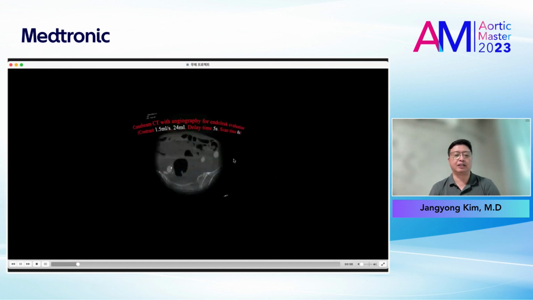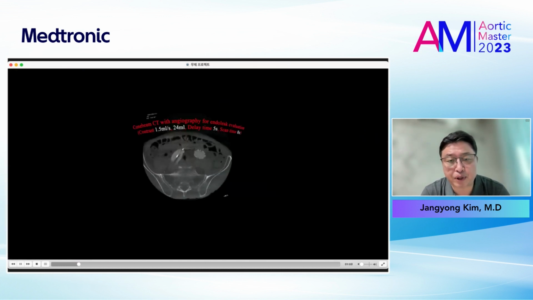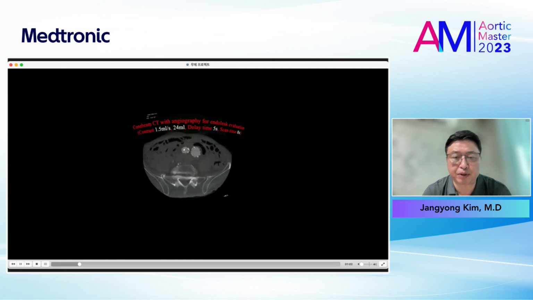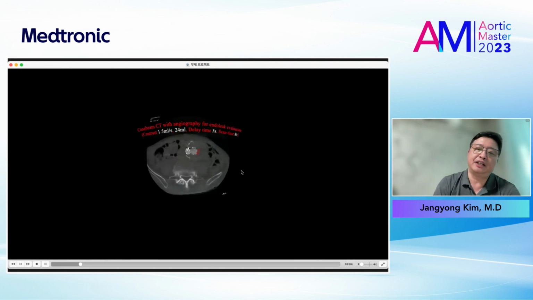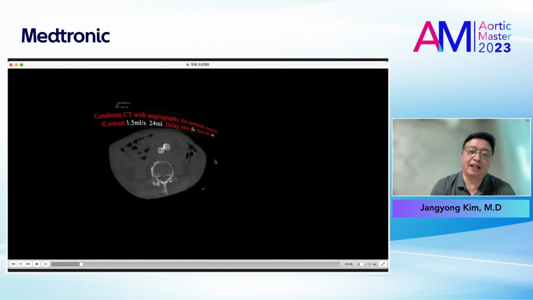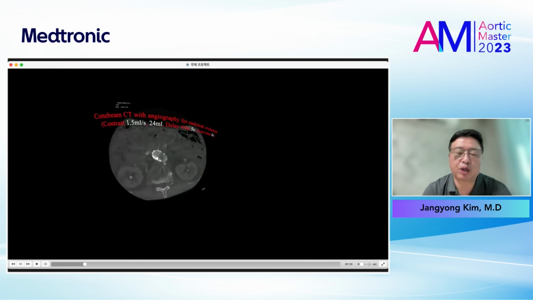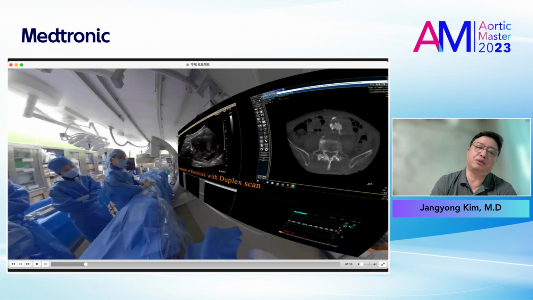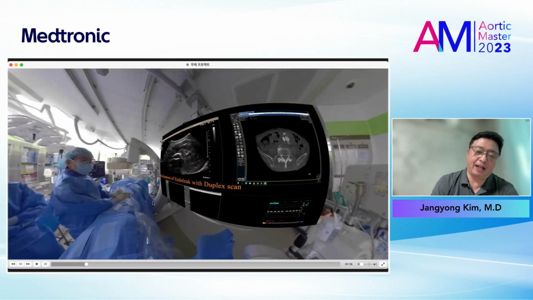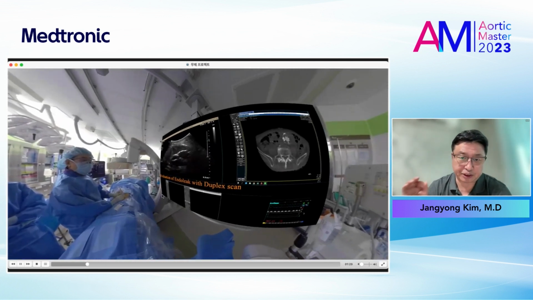So we can consider the translumbar approach or transabdominal approach for this case. The aneurysm is quite big, and we can approach the type 2 endoleak transabdominally. So we decided to approach with transabdominal embolization.